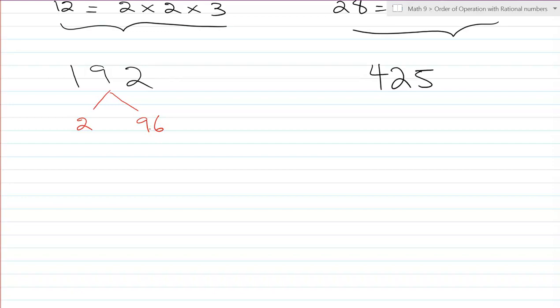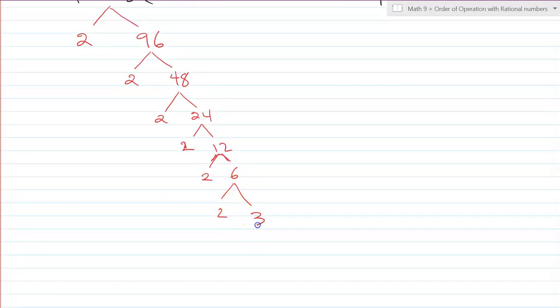There's nothing wrong with that. 96 is not a prime, so you can divide it by 2 again to get 48. Again, use a calculator if you need to. Then 2 and 24, then 24 is 2 and 12, then 2 and 6, 2 and 3.